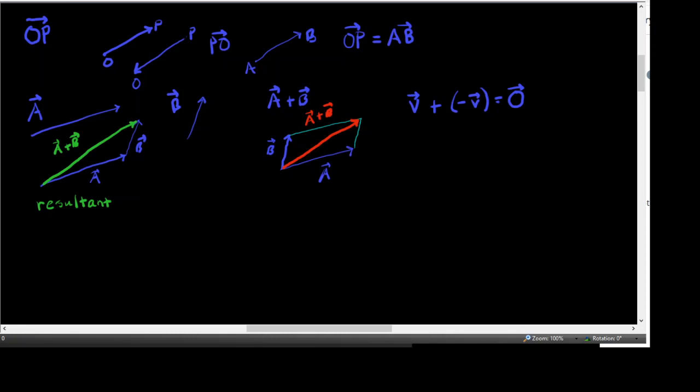Now, if this is vector V, then this would be the opposite of vector V. And there are other vectors on this page that are actually opposites. Vector OP is the opposite of vector PO.